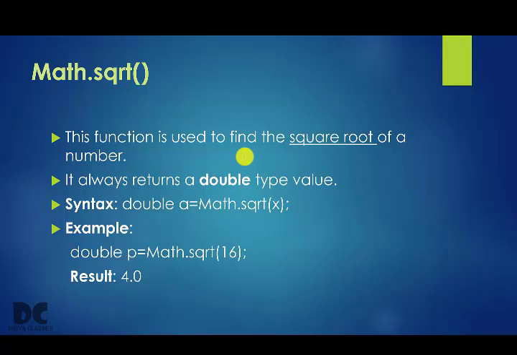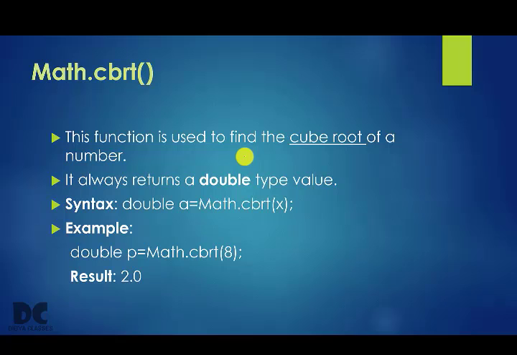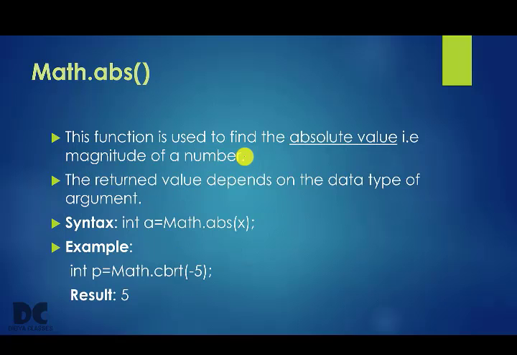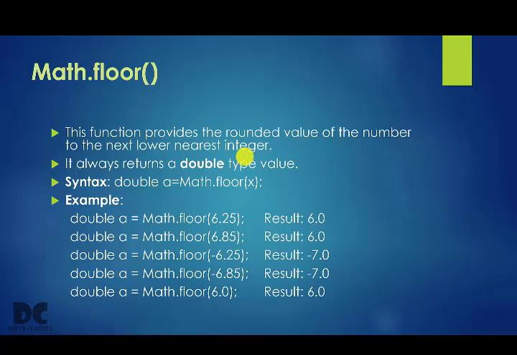Next we have Math.sqrt. You can pause now and write all the points. Next is Math.cbrt. Next is Math.abs. Next is Math.floor.